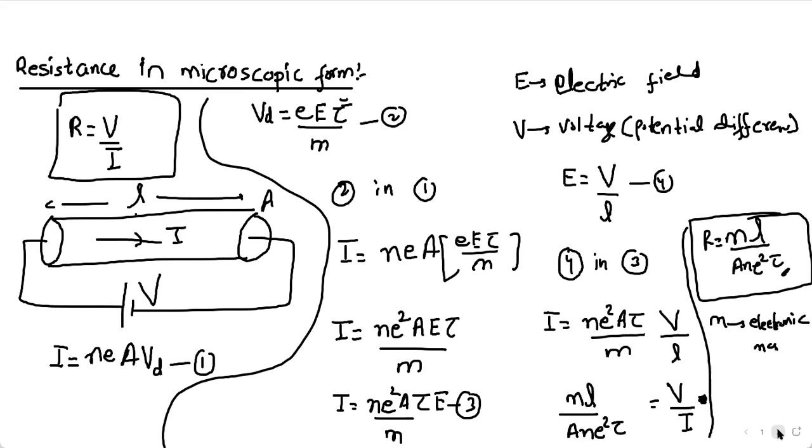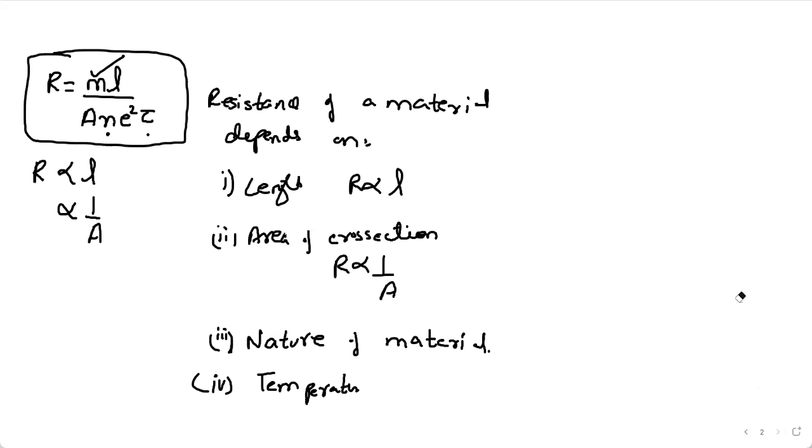After this, the next thing is resistivity. Resistance depends on length as well as area of cross section, right? If I define a quantity like resistance, but that quantity is independent of length and area of cross section, like if I remove the dependency of length and area of cross section from resistance, the quantity that I'm left with is resistivity.